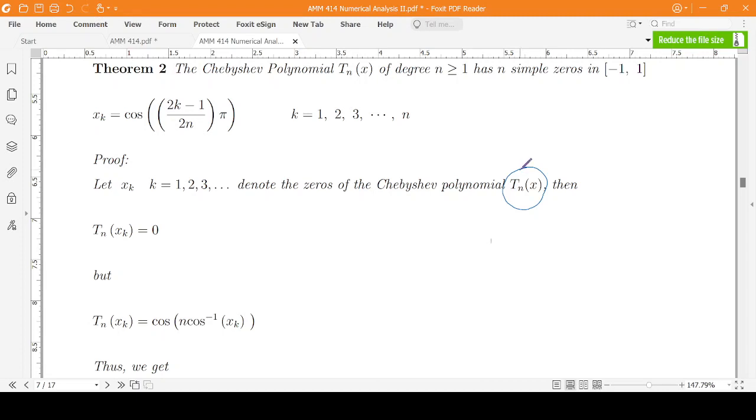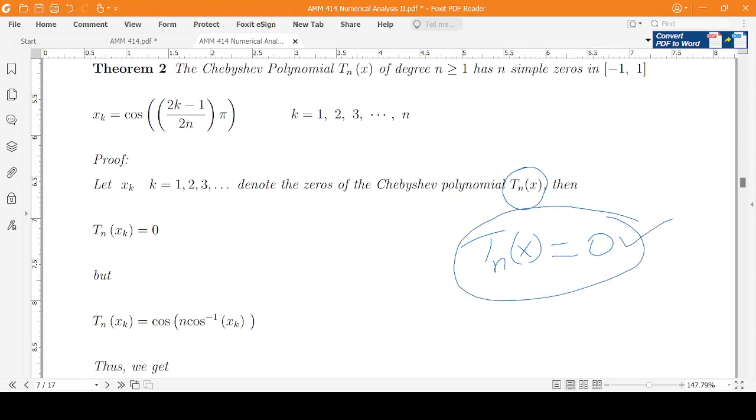Or sometimes we can just call them the roots of Tn of x equals 0. The roots of this equation, or the zeros of the polynomial, mean exactly the same thing. So by saying that xk denotes a zero of the Chebyshev polynomial, we mean that whenever we replace x with xk, then we get 0.